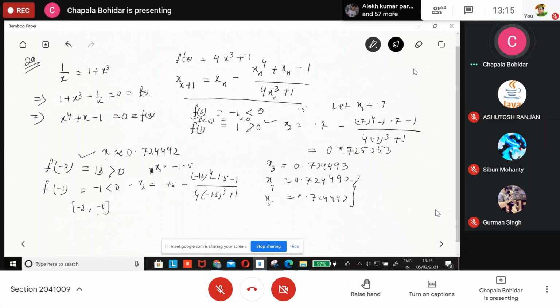So what you are getting up to 6 decimal? What is the value you are getting here? -1.295, then 3 times 0.